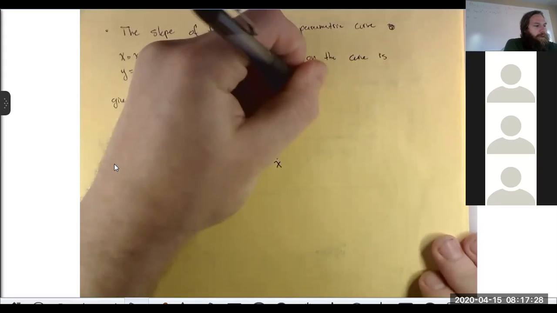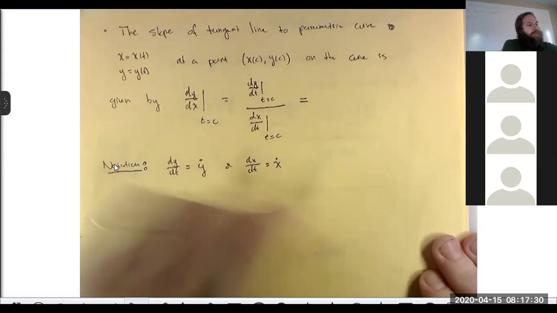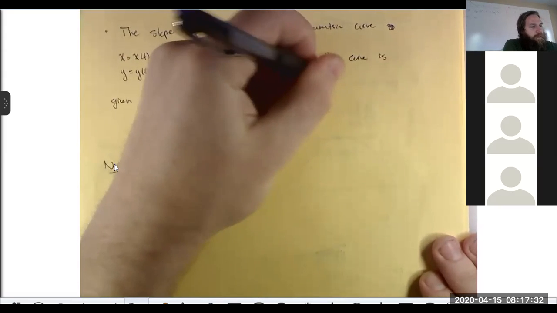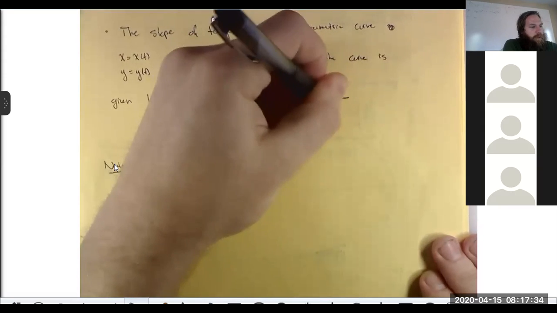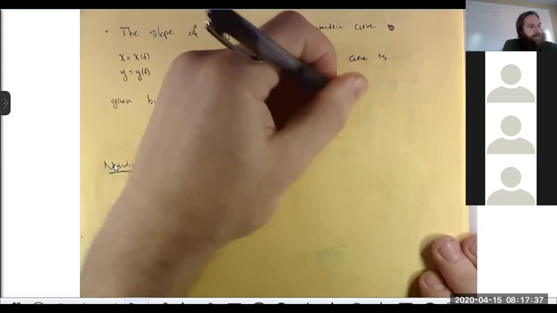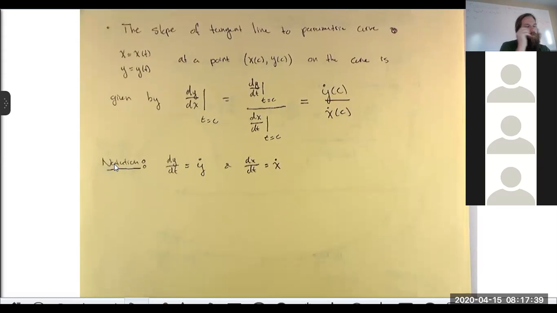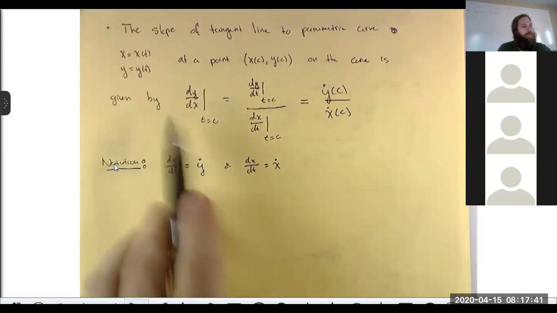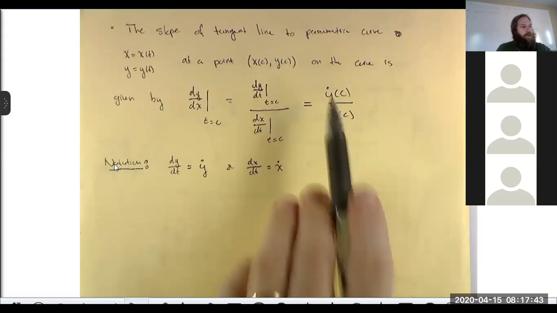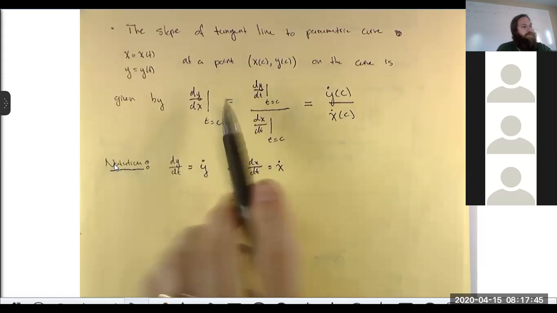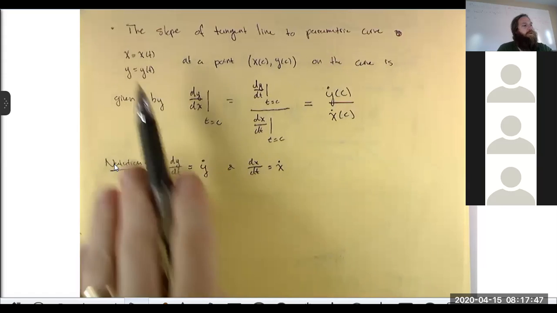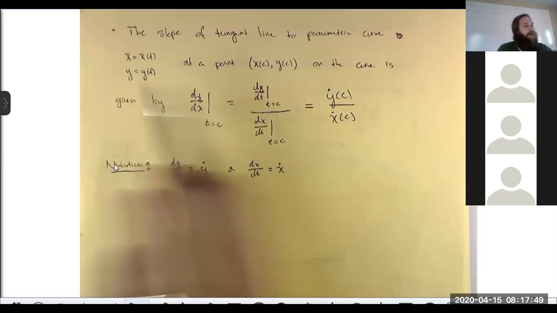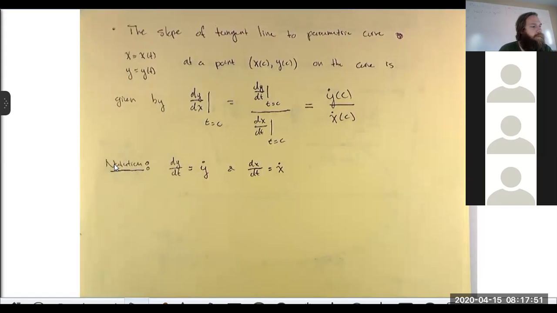And so if I come back to this formula here, this is just y dot of c over x dot of c. Much nicer, right? So this is how I remember it. dy/dx is y dot over x dot. And if I want to know the slope of the tangent line to the parametric curve x of t, y of t at the point x of c, y of c, then I take y dot over x dot and I plug in c. That's all.